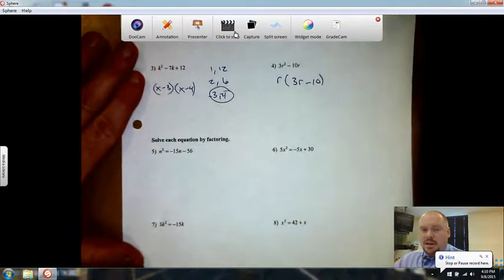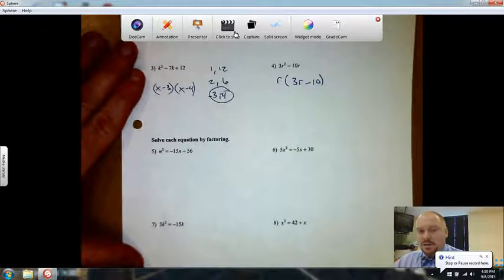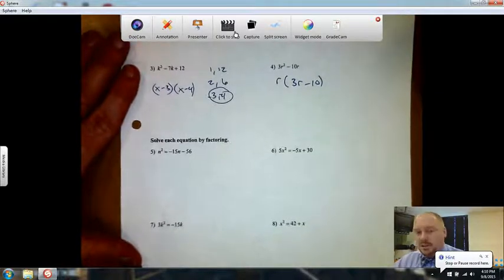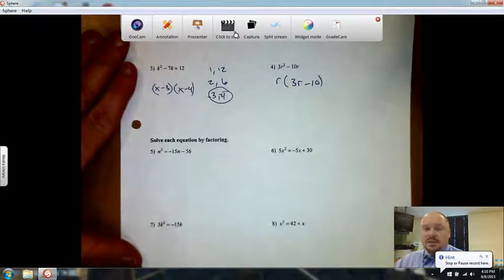Now, when you have multiple powers within a problem, okay, you have to get one side equal to 0 to solve first. And I prefer to keep the squared term, or the largest exponent, positive.